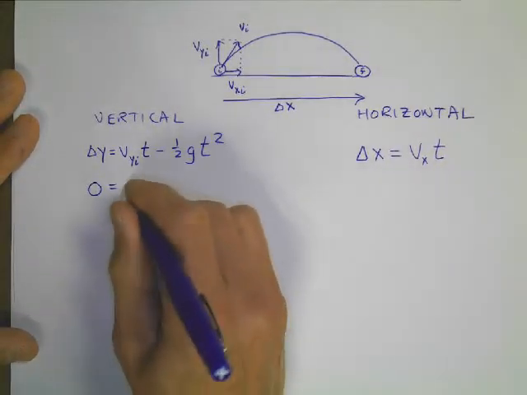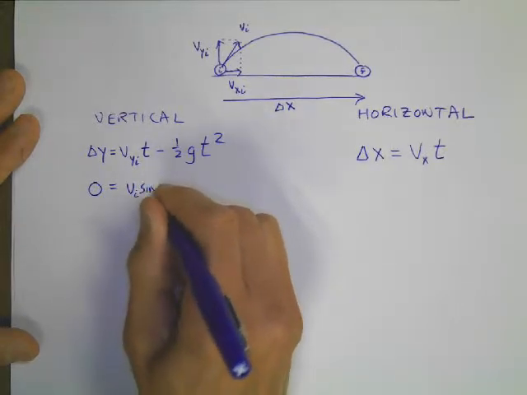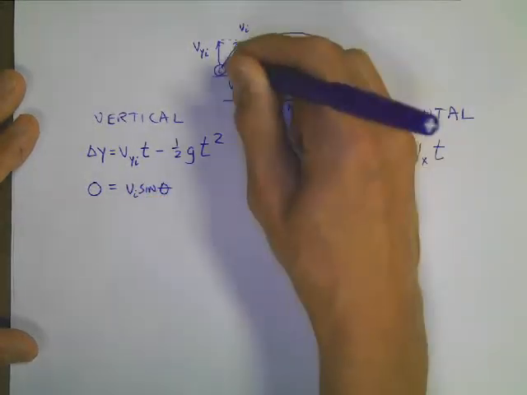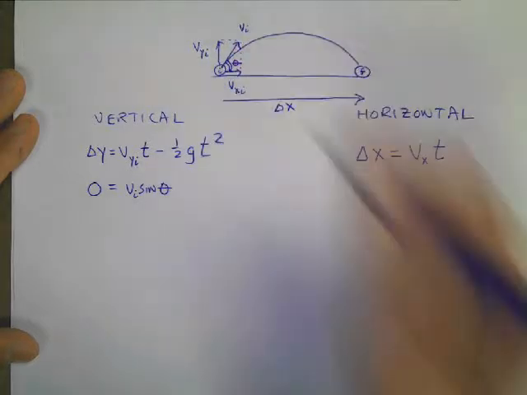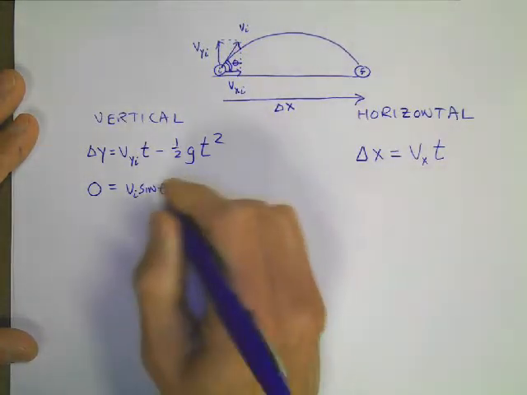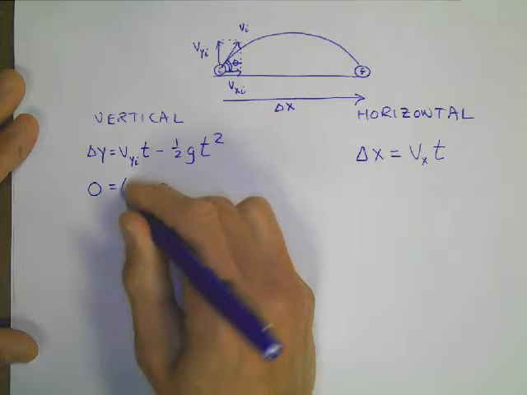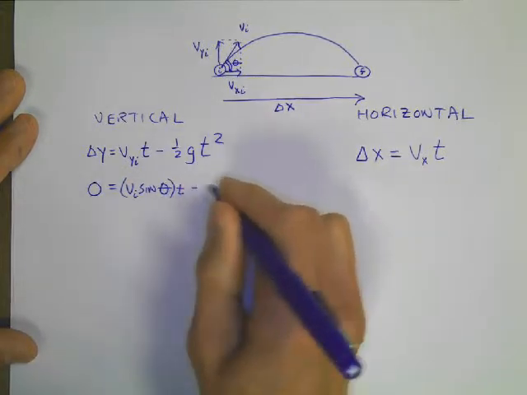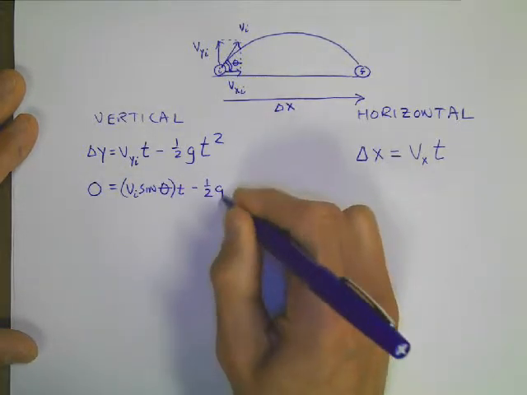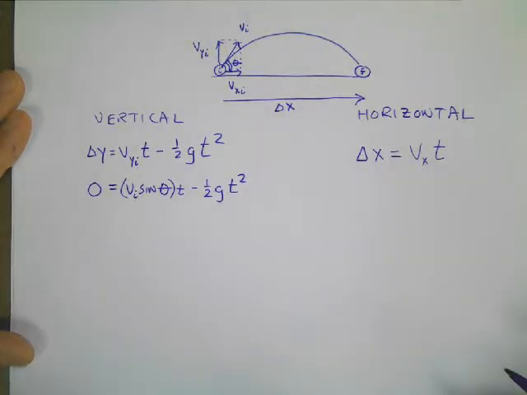We have Vy initial. That's going to be equal to V initial times the sine of theta. There's our theta. That's multiplied by t minus 1/2 g times t squared.